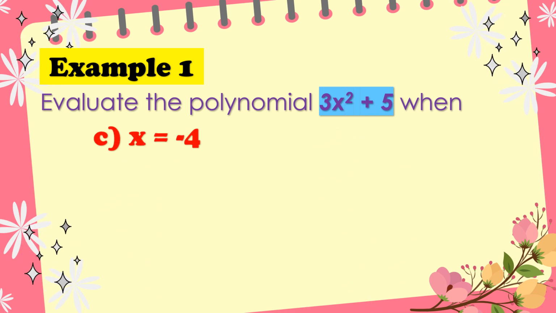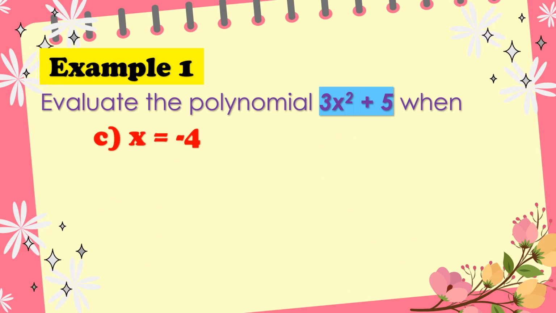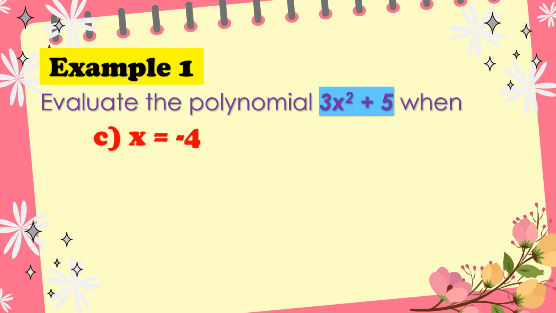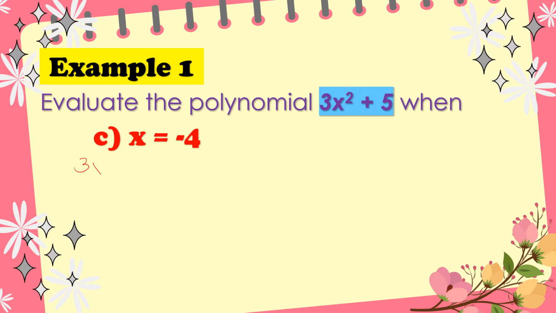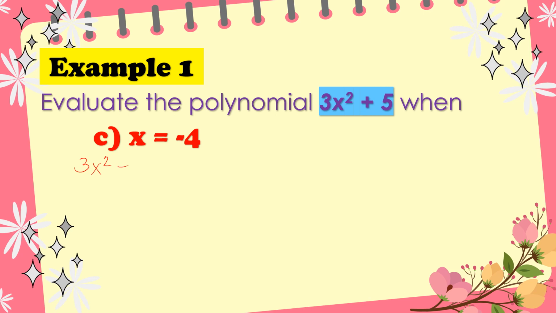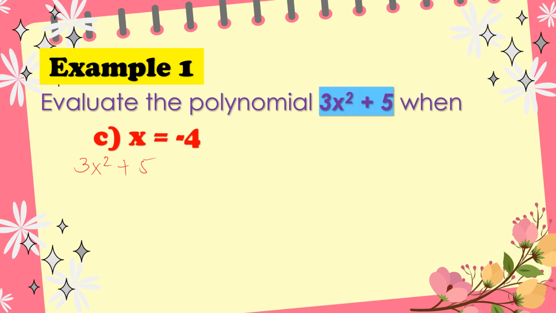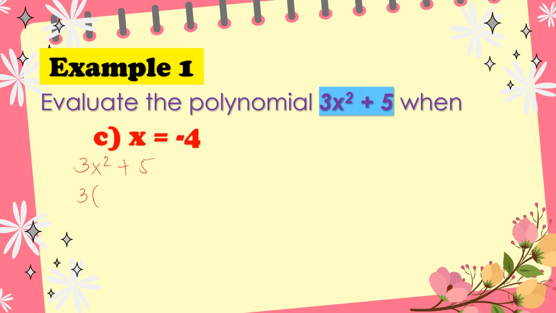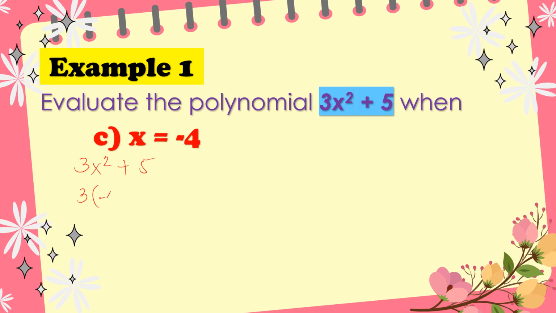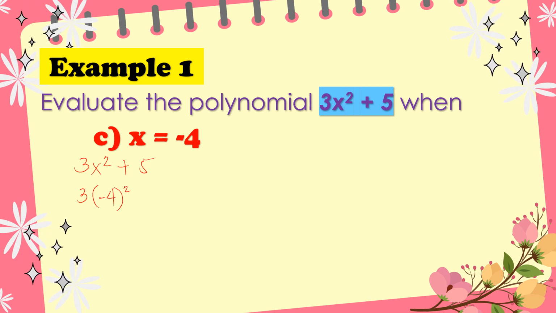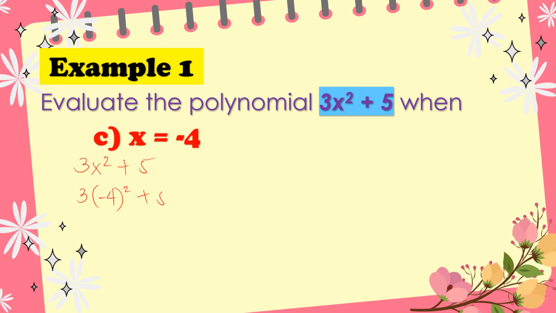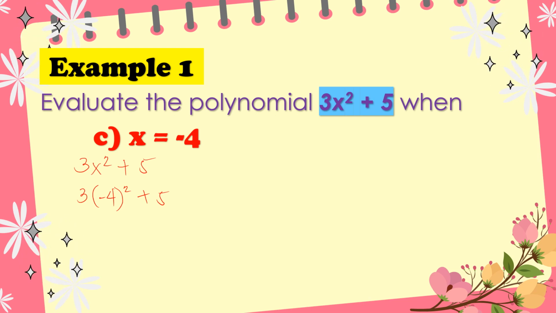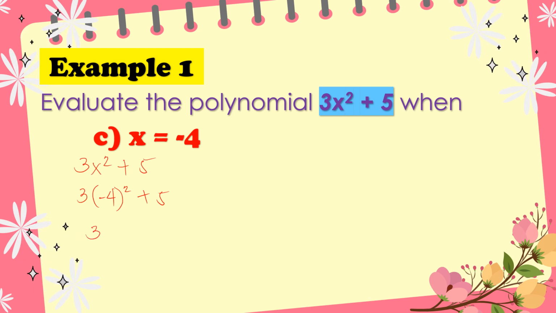Next, x is equal to negative 4. So, we still copy the given, which is 3x squared plus 5. And then, plug in the value of the variable, which is negative 4. Then, simplify first the one with the exponent.